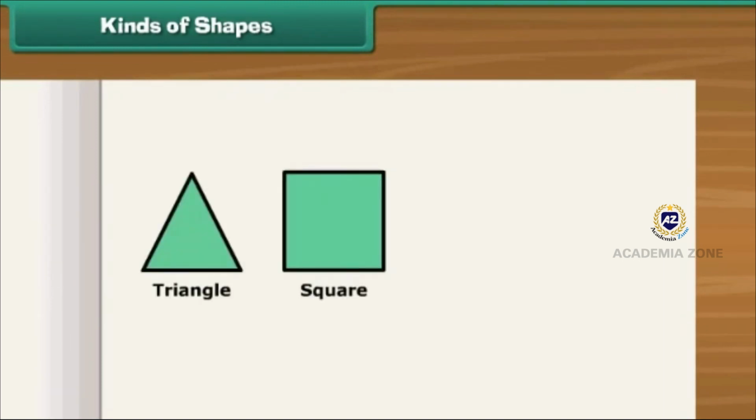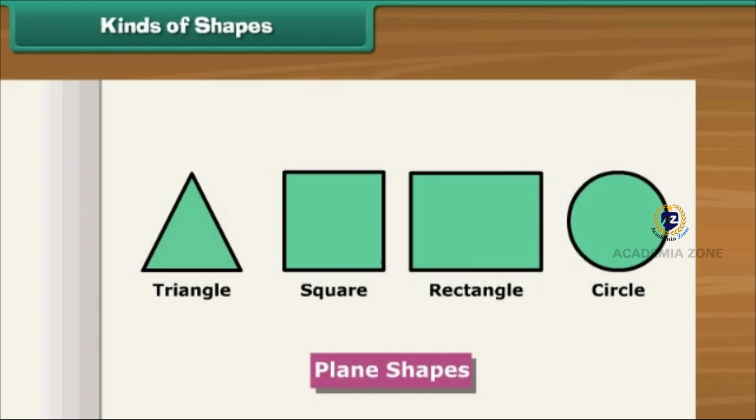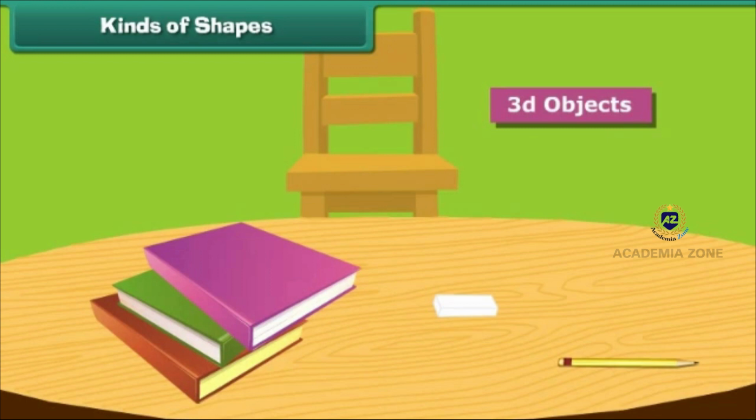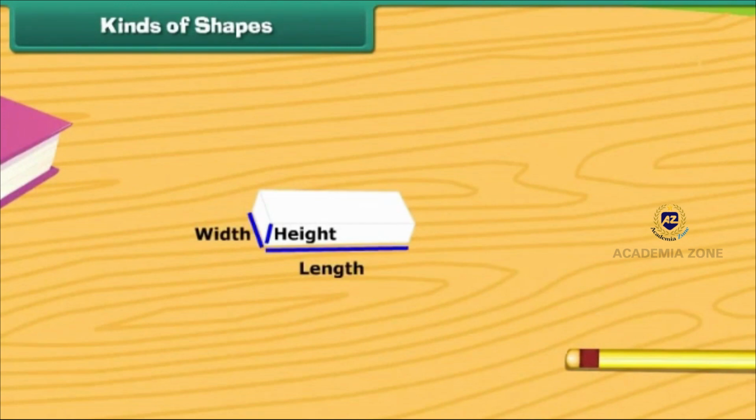The shapes that we draw on paper, such as triangles, square, rectangle, circle, etc., are called plane shapes. Plane shapes are also known as 2D objects. Solid shapes are also known as 3D objects. All 3D objects have depth, which 2D objects do not have.